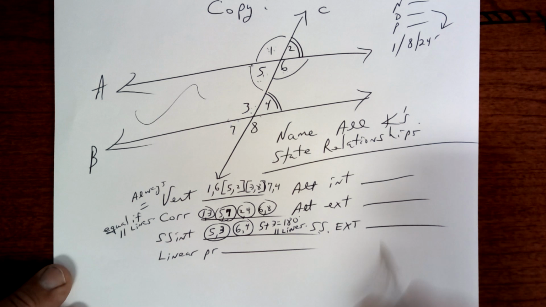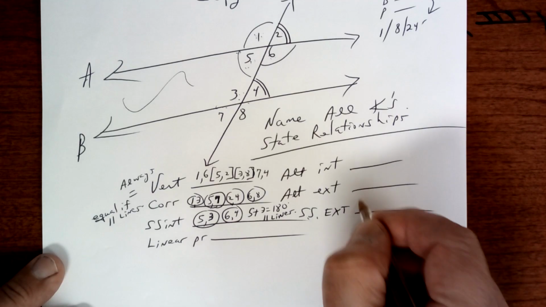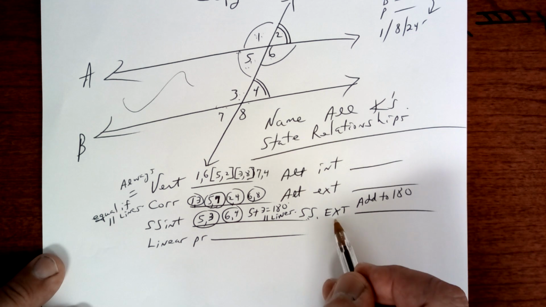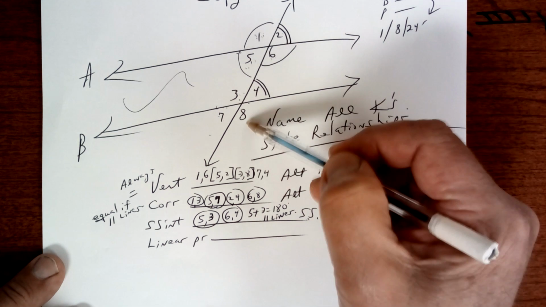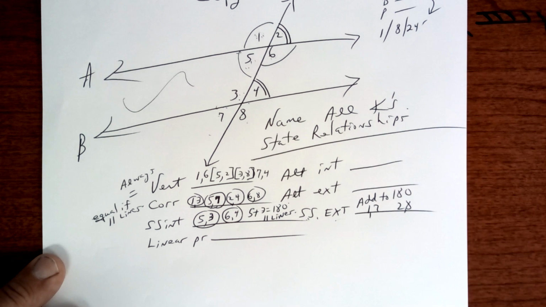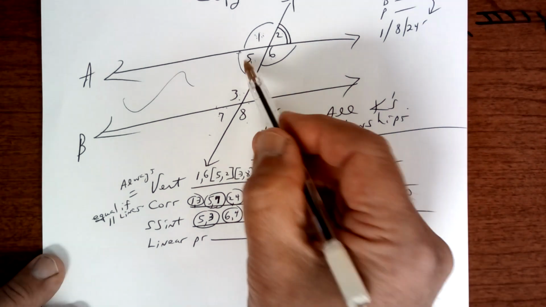Exterior is the same way. They're supplementary. Add up to 180. So put add to 180. And same side exterior would be 1 and 7 and 2 and 8. Okay? Alternating interior would be 5 and 4, and they would be equal.